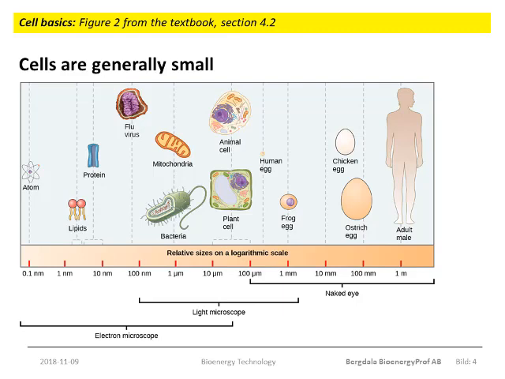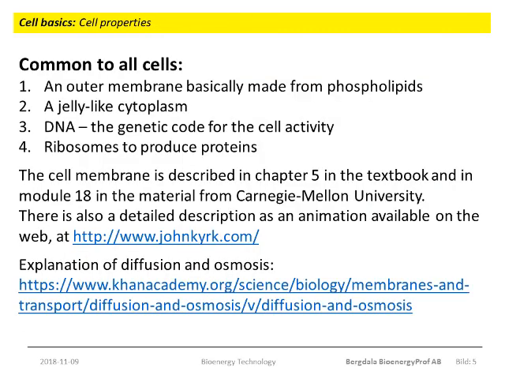You will find the same information expressed in a different way in the Carnegie Mellon material, page 106. The cells we are interested in are the eukaryotic ones as introduced in section 4.3 in the textbook and on page 107 in the CMU material.